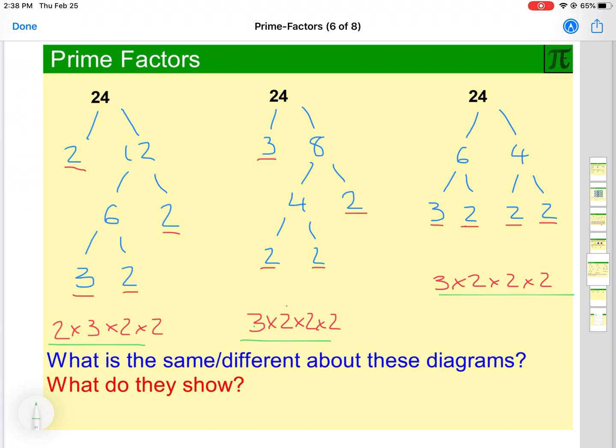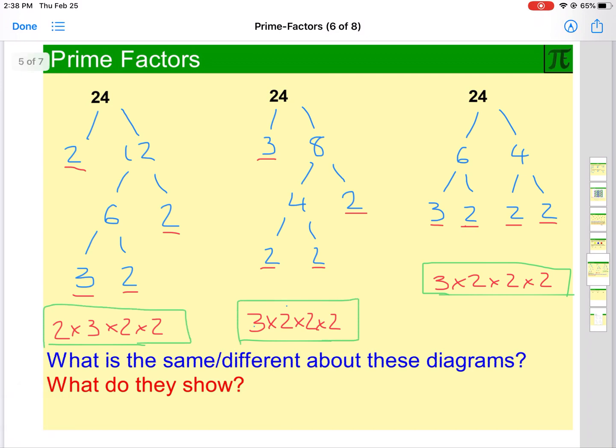They are different because we started off with the first branch being different numbers, but that's okay because we've worked it right the way down to what's known as the prime decomposition. That's what that bottom section is known as, prime decomposition. We've decomposed the number 24 into its prime numbers. Okay, that's what we've done for that process.